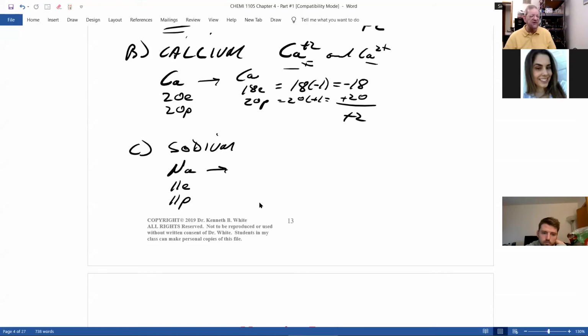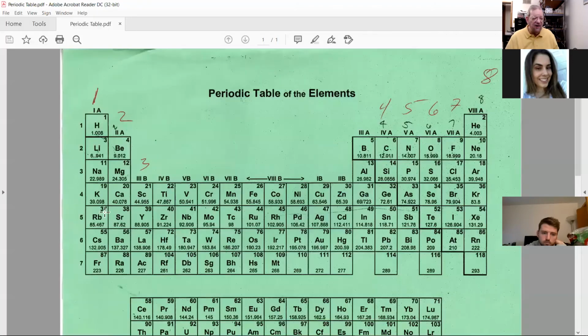And what's the nearest noble gas? Well, let's find out. Remember, it's numerically. Sodium is at 11. If it loses an electron, it would have 10 electrons like neon. That's one away.